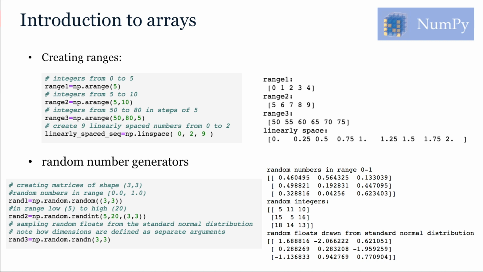So here the range is given from 5 to 20, and this is a tuple defining the shape, also here. On the other hand, random.randn samples random floats from the standard normal distribution with mean 0 and variance 1. So all these functions are actually being asked to create 3x3 matrices, but note in this last case, the dimensions are given separately, whereas in the other two cases, the shape is given as a tuple.